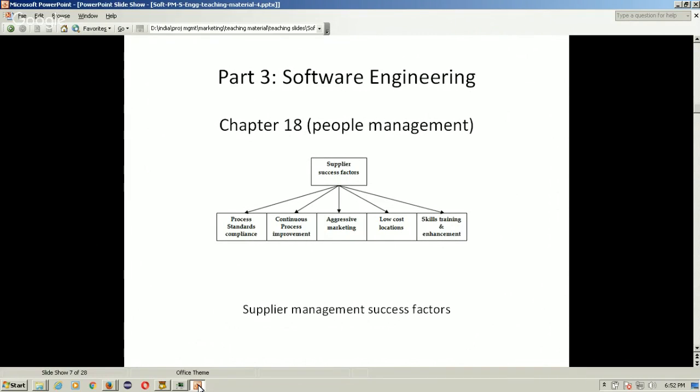Then here are supplier management success factors. So process standards compliance. The supplier should have some capability assurance in the form of having some process standards. For example, a supplier is assessed for CMM level 5.